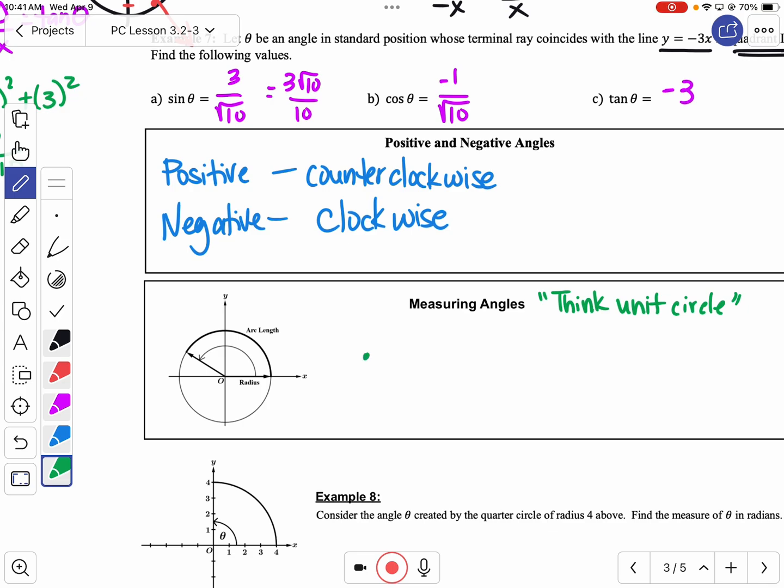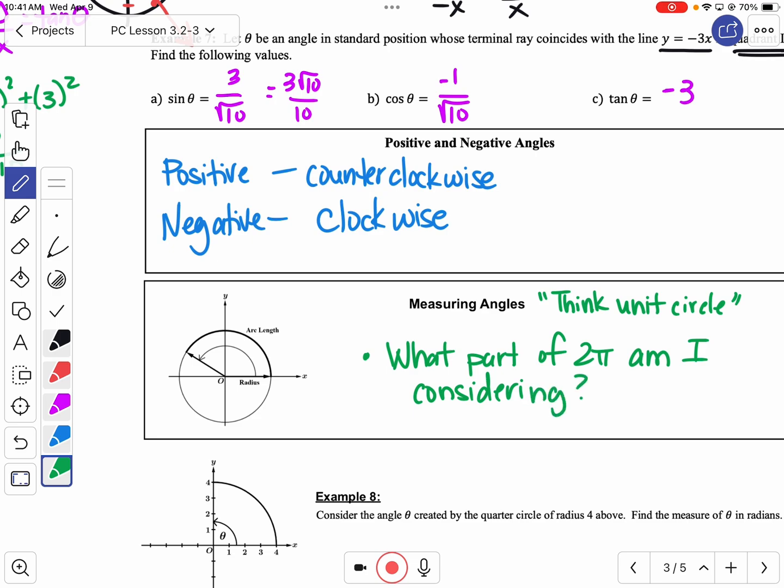We're going to answer every question by looking at what part of 2 pi I am looking at, based on how much of the circle they give me.